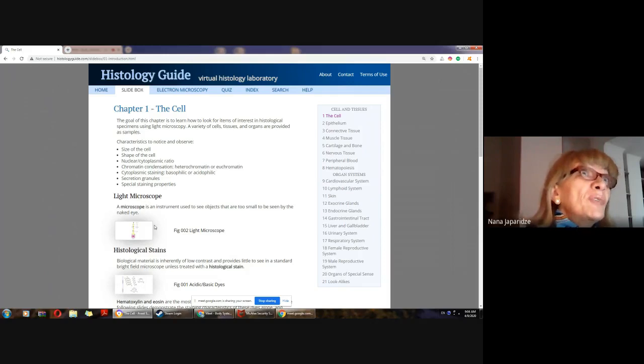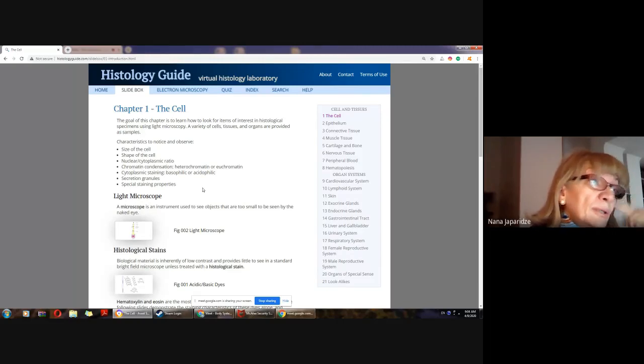It means the ratio of their sizes to each other, because some types of cells have quite a big nucleus and a very thin rim of cytoplasm, or a very small nucleus and a very big rim of cytoplasm.